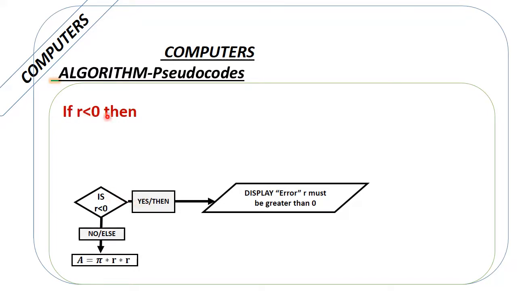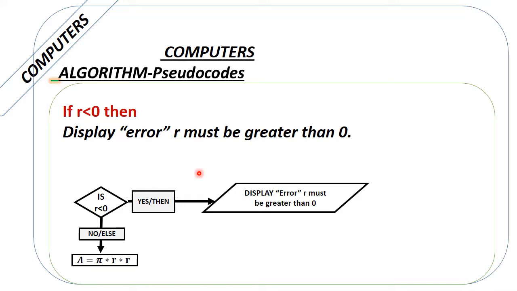If R less than 0, then do this. Then what has to be done is this. So we can write this in the next line: display error, R must be greater than 0. And I recommend you put in quotation marks what has to be displayed. So all this, error, R must be greater than 0, you can put in single quotation marks just to show that it is something that should be together. And display is just an instruction that says display everything in the quotation marks.